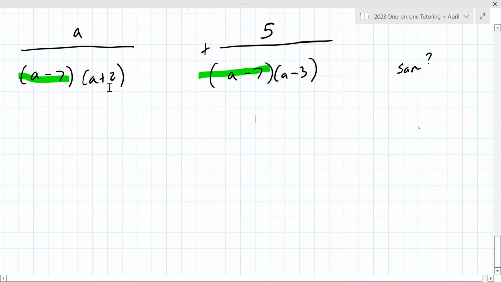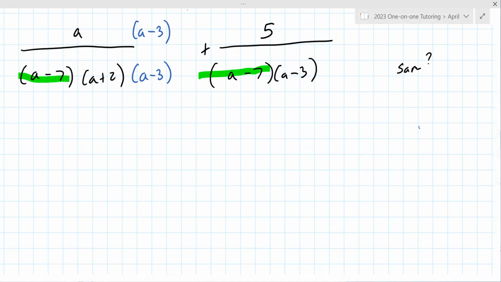On the left, this one is missing an a minus 3. Do you see that? If I multiply the top and bottom by a minus 3, is there any net change? Does this cancel out?